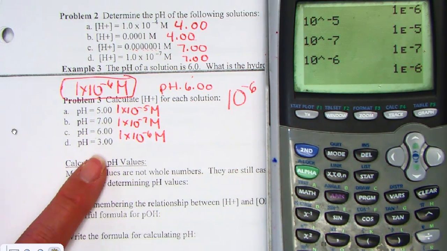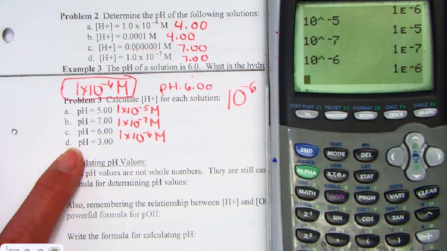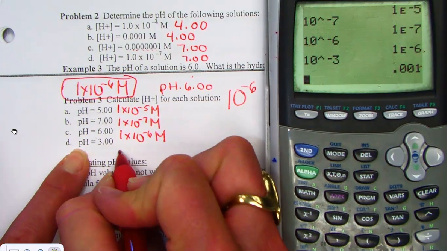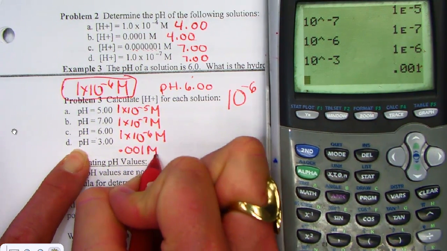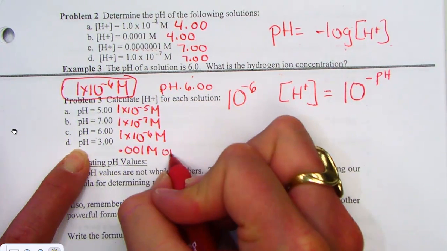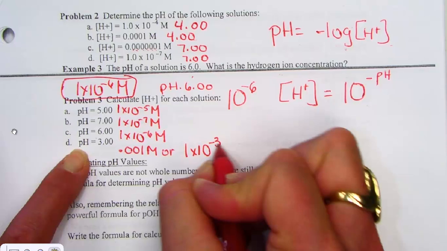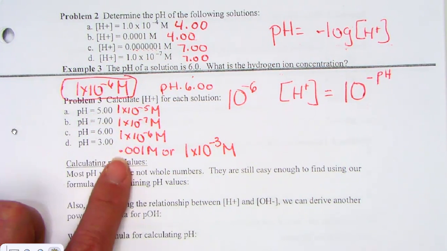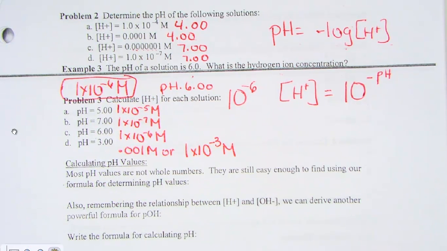Big M for molar units, the power on the hydrogen, pH. 10 raised to the negative pH unit of 3, 0.001 molar. Or, since my calculator put it in decimal form, yours might have done 1 times 10 to the negative 3. These can be written either in decimal form or in scientific notation form, your choice.